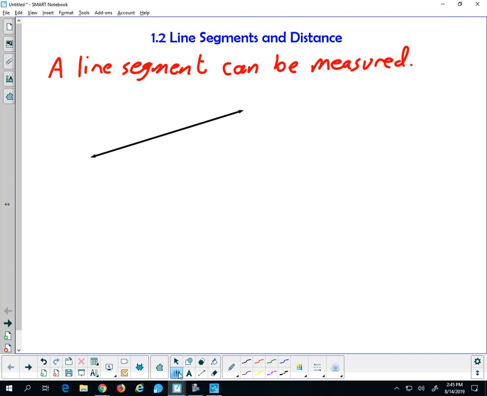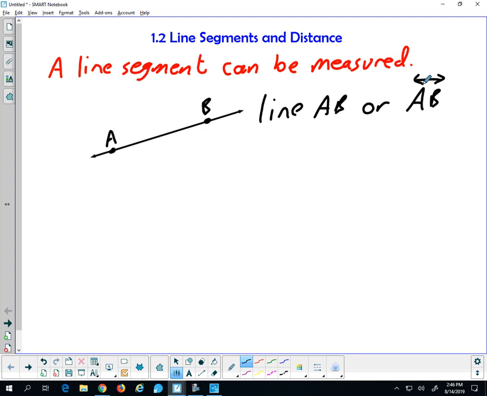And then when we name that line, we use any 2 points that are on that line. So we would call this line AB, or using the symbol AB with the line on top. All right, so that's how we would name a line or reference a line.